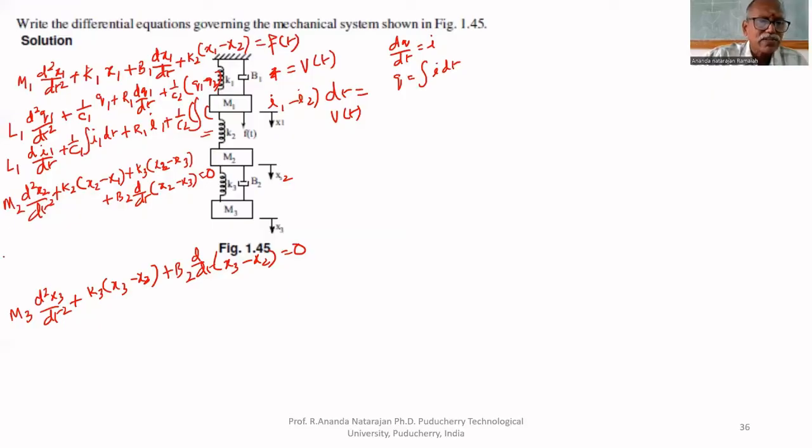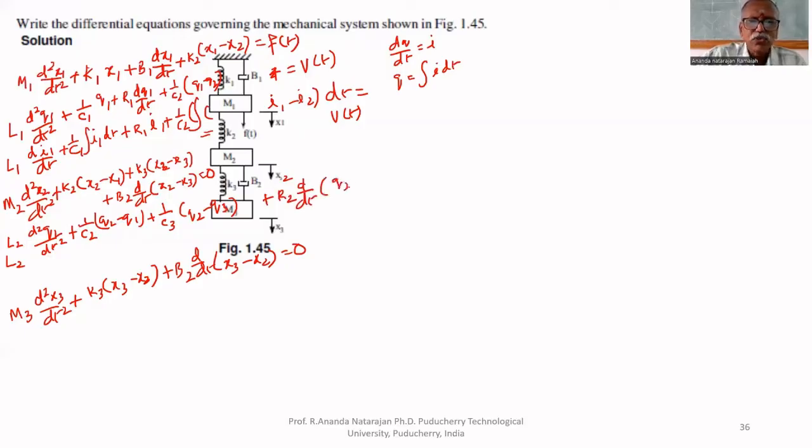Similarly, for the second equation we can write L2 d square q2 by dt square plus k2, equal to what? 1 by c2 q2 minus q1 plus 1 by c3 q2 minus q3 plus R2 d by dt of q2 minus q3 equal to 0.